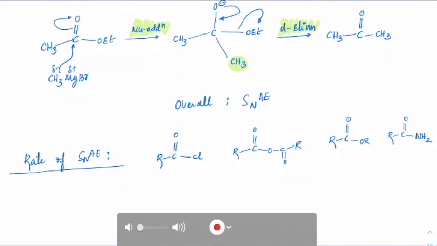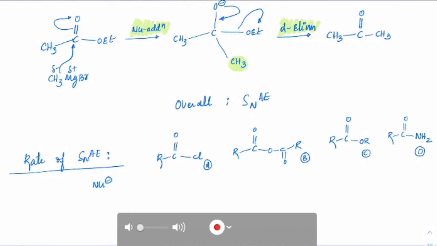These are the four functional groups on which a nucleophile, let's say Grignard's reagent, is trying to approach. Let me call these A, B, C and D.